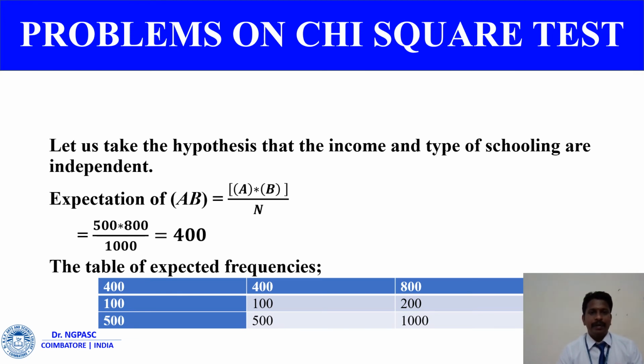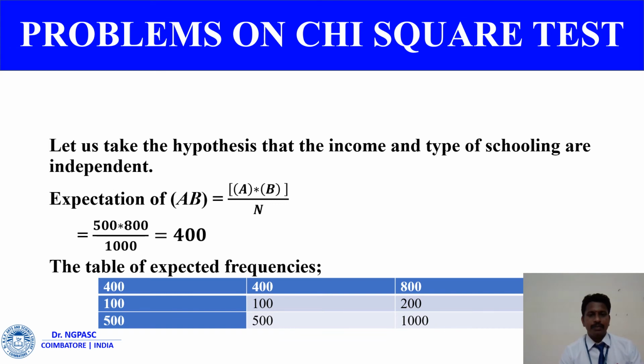Let us take the hypothesis that the income and type of schooling are independent. Expectation of AB is equal to row total into column total divided by total number of families, that is grand total. 500 into 800 divided by 1000 is equal to 400.